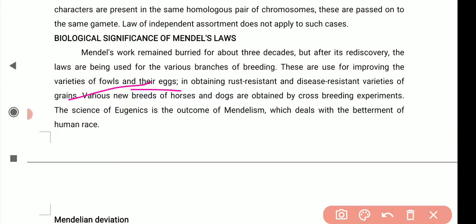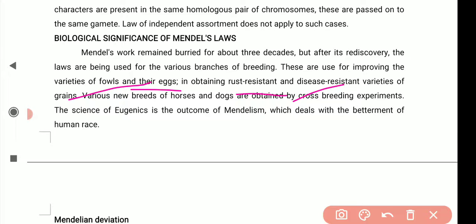Also in obtaining rust-resistant and disease-resistant varieties of grains. Rust is a fungal disease. So why should we choose that rice grain which is weak and prone to disease? We have to choose and select the one which is resistant.